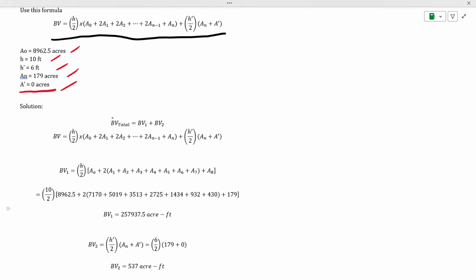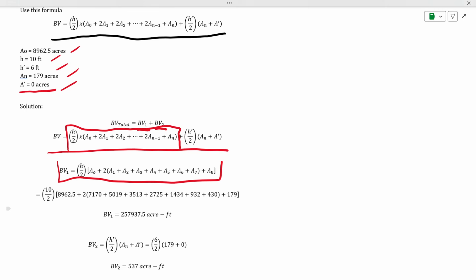We have the total bulk volume, which is equal to bulk volume sub 1 plus bulk volume sub 2. This is the formula for the total bulk volume, and I separate this part, which is the bulk volume sub 1.